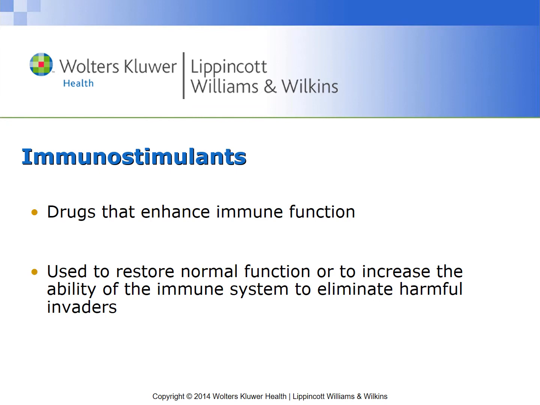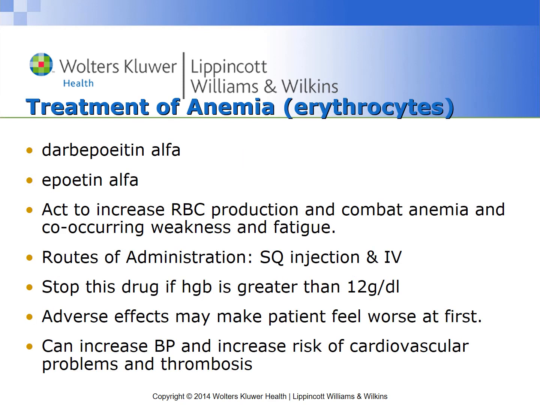So, immunostimulants are the drugs that we're talking about here, and they help to restore the normal function of getting us an increased amount of either our red blood cells, or white blood cells, or our platelets. So the first one we want to talk about is the one for treatment of anemia, and I put erythrocytes out there because we're talking about erythrocytes with anemia, our red blood cells.